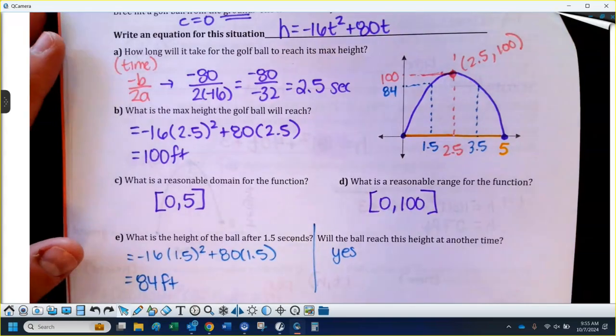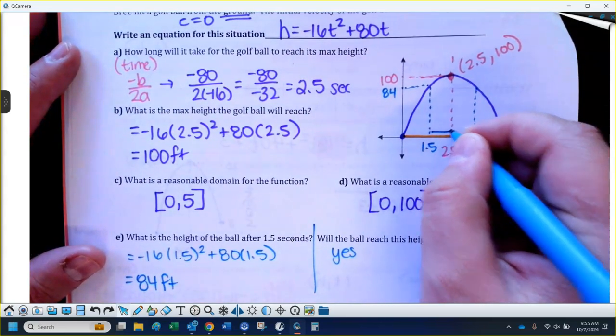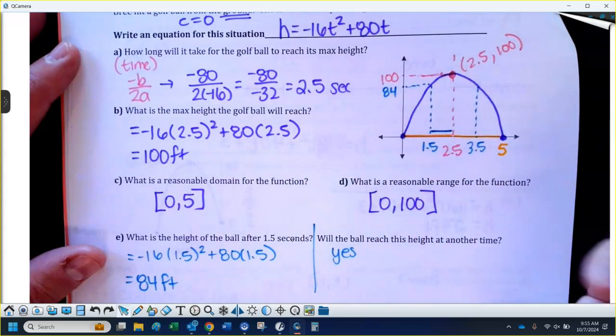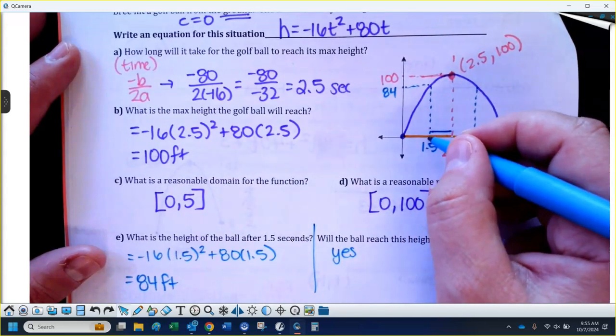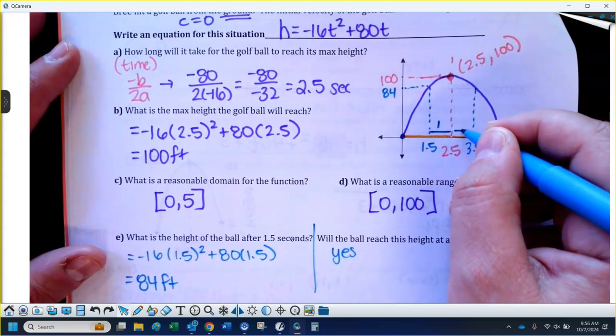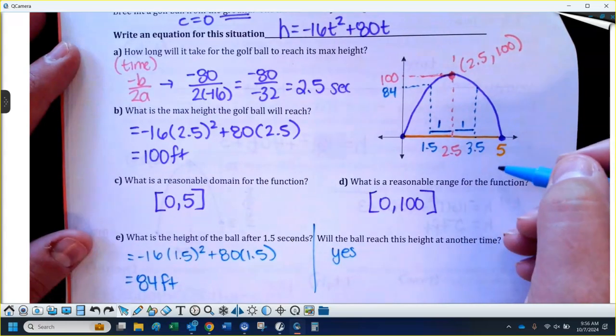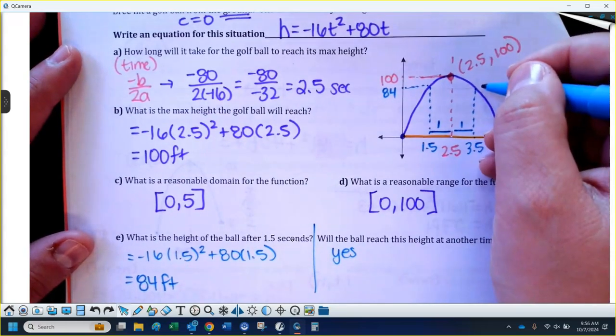So there's a couple ways you could figure this out, but the distance here between the axis of symmetry and that 1.5, this distance is 1. So it would have to be a mirror image distance of 1 here. Then you can add to get 3.5.